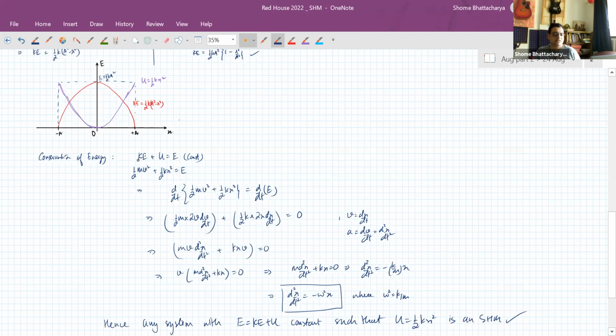This shows that any system which has the potential energy term half kx square, its dynamics will reduce to d2x by dt square is minus omega square x, and that means that it's an SHM. So this gives us an alternate way of solving those types of problems.